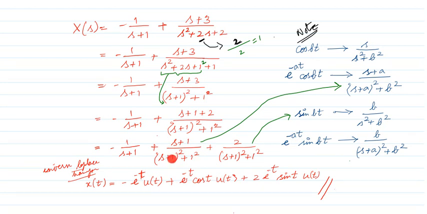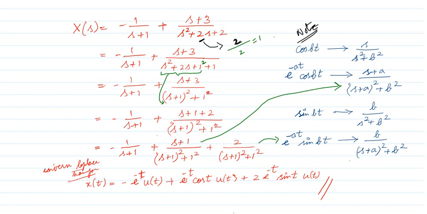Here a is 1, and b is also 1. So it is e power minus t cos t, that is the inverse Laplace transform. Here it is 2 into 1 we can assume, so 2 is a constant, then 1 divided by s plus 1 whole square plus 1 square. Sorry, we cannot use this one, we can go for this term.